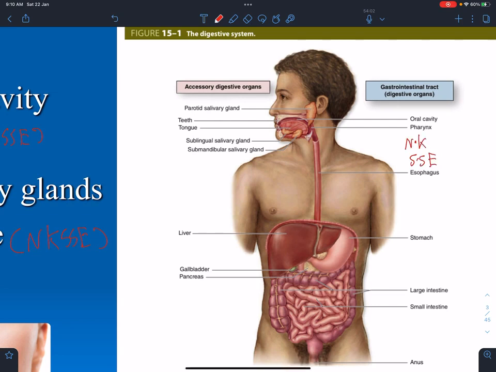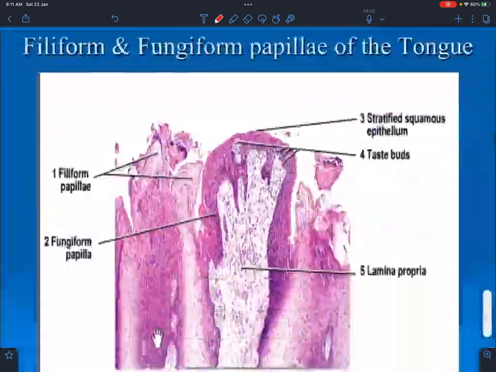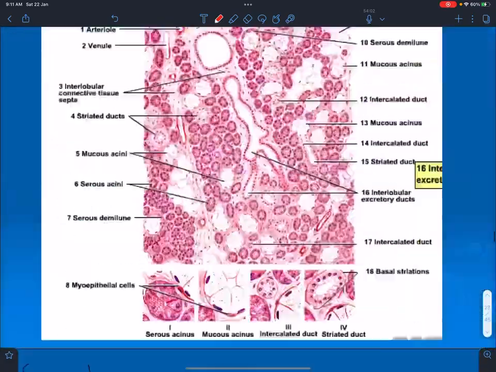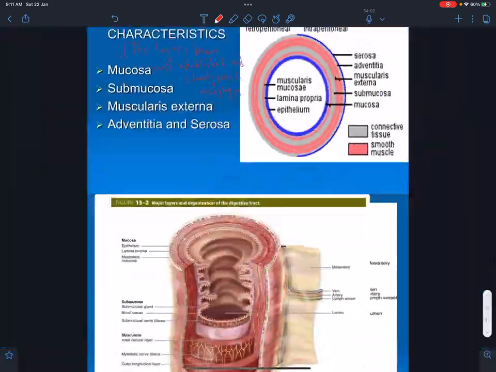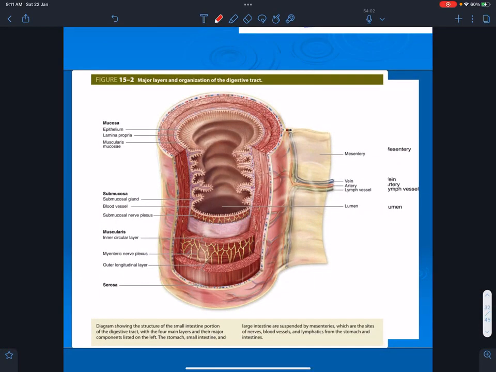Non-keratinized stratified squamous epithelium. That is the epithelium that lines your esophagus. Logic, all right? That's the difference immediately from your esophagus to, let's say, your stomach and intestine, which are lined by simple columnar epithelium, for instance.